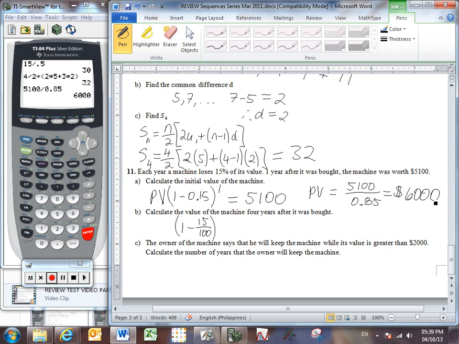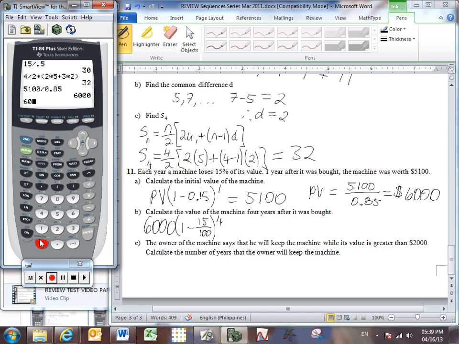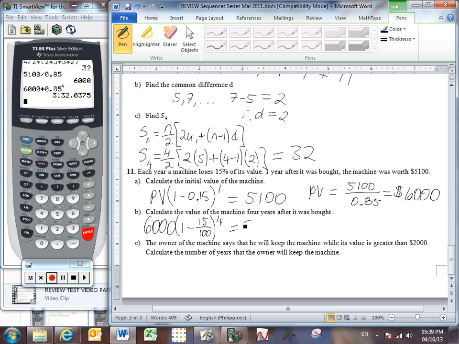Part B. Let's calculate the value of the machine 4 years after it was bought. So its initial value of 6,000 is now losing 15% for 4 years. So we got 6,000, which is multiplying 0.85 raised to the power of 4. And now the machine has gone down to the value of just 3,132.04.